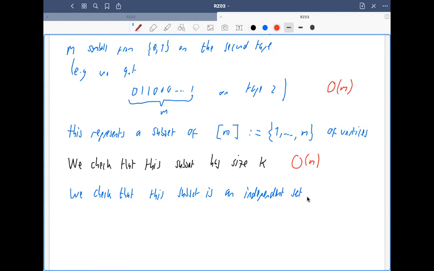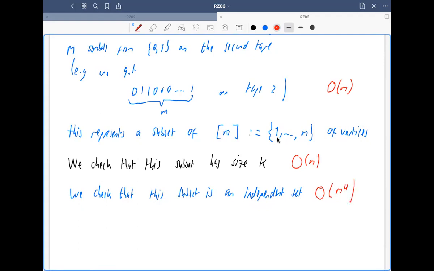If we're very naive about this, we go through every pair, and for each pair, we just look up in the representation of the array, go through the whole array. That's for each of the m squared times, we're going through the whole array, which is O of m squared. So this is at worst O of m to the 4. But one can do it much cleverer, but we only need a polynomial time bound.